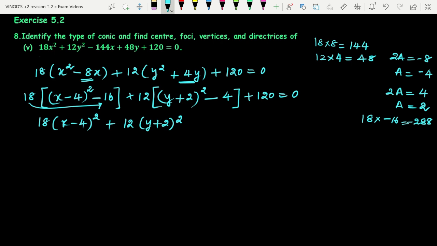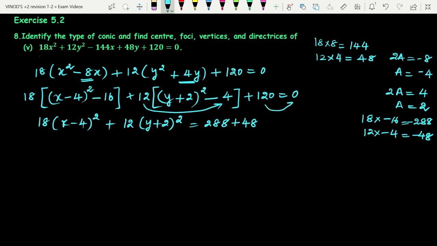When it goes to the right side, it will become plus 288. Then 12 multiplied with −4 is −48. When this goes to the right side, it will become plus 48. And 120 goes to the right side and becomes −120.